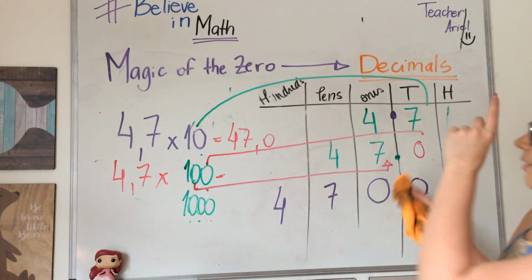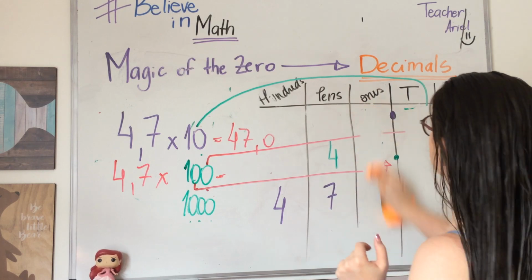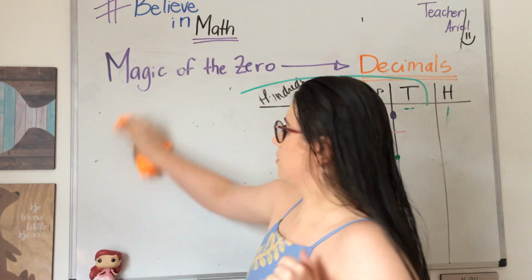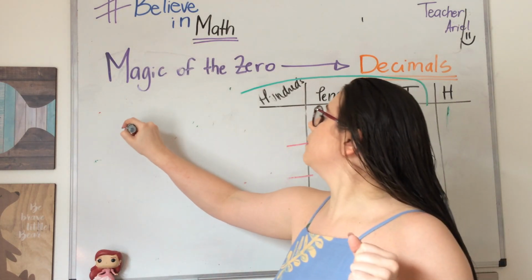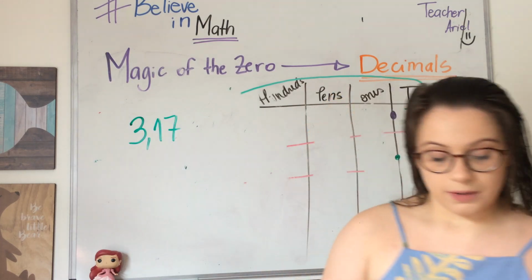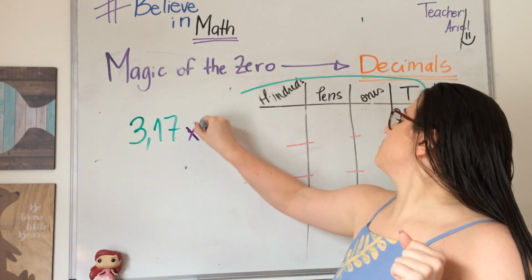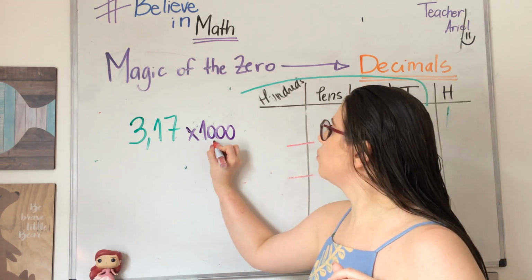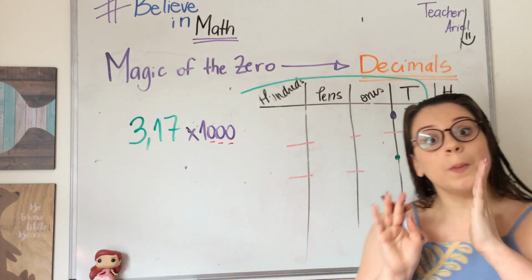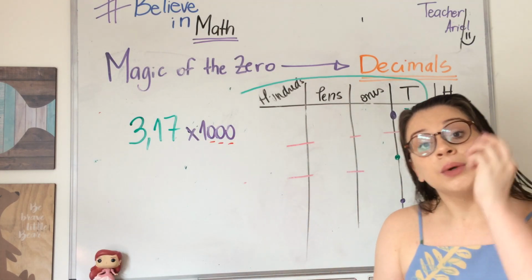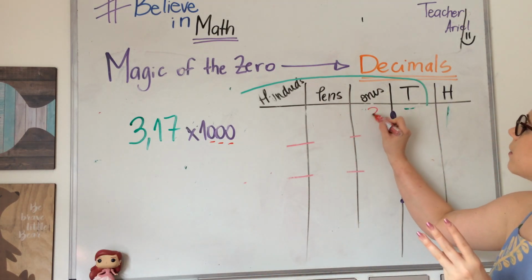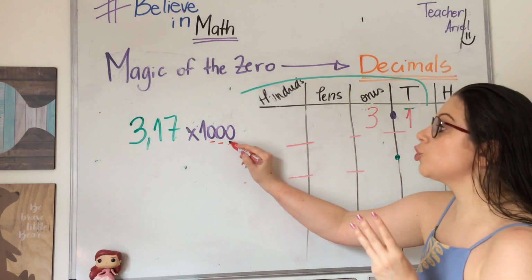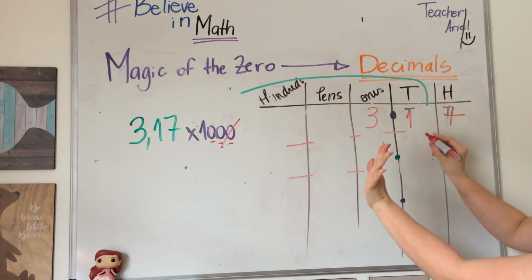Okay, let's do a very quick example here with a number that has hundredths. So let's see, 3 and 17 hundredths times 1000. 1000 has 3 zeros, 1, 2, 3. So I will push my number in the place value 3 times. My number is here, 3 and 17 hundredths. So let's push once.